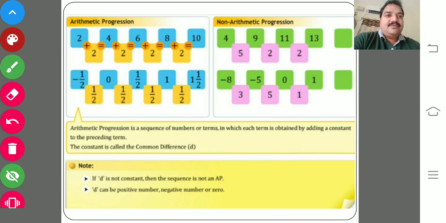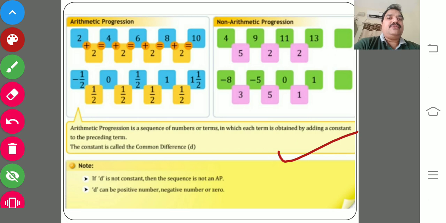And just observe the definition of an arithmetic progression. An arithmetic progression is a sequence of numbers or terms in which each term is obtained by adding a constant to the preceding term. Yes, it's very, very simple. If you observe the sequence, you can easily see that one constant number is added to the preceding term.